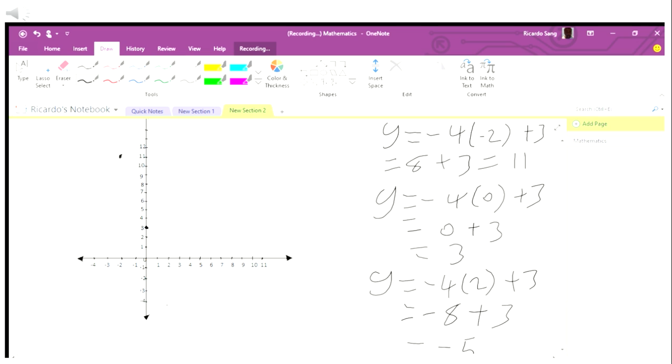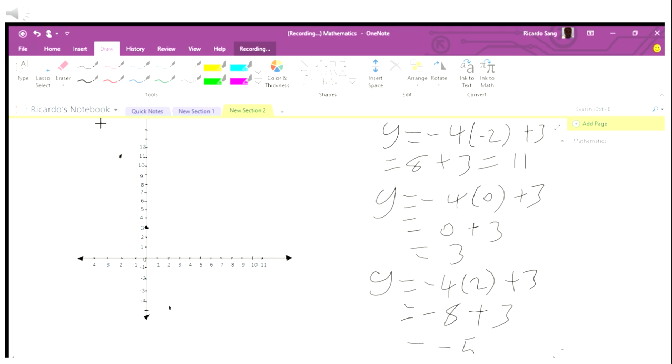It's somewhere right here. Remember that the graph is not 100% accurate. That would be where it is. So we can just draw in our line.